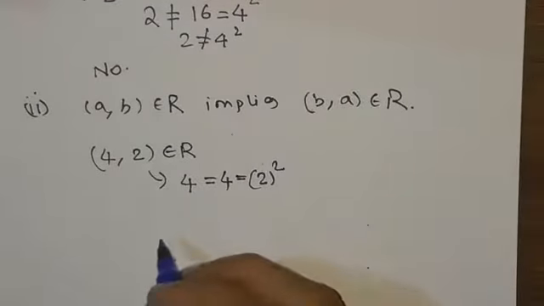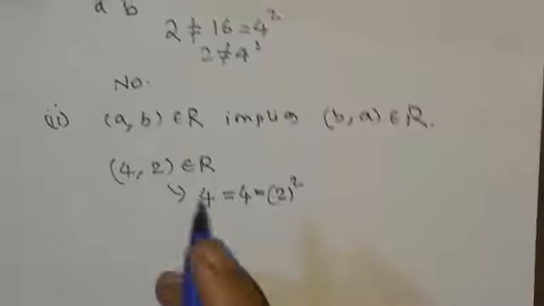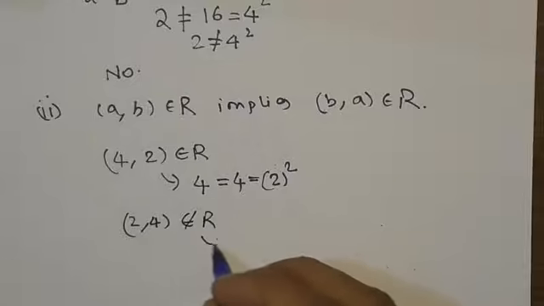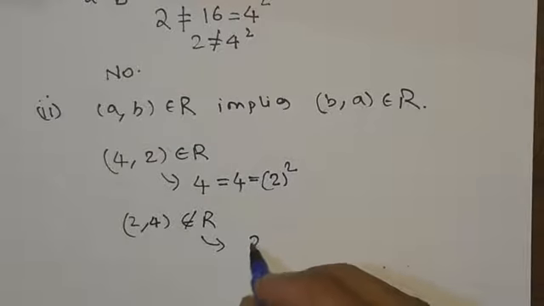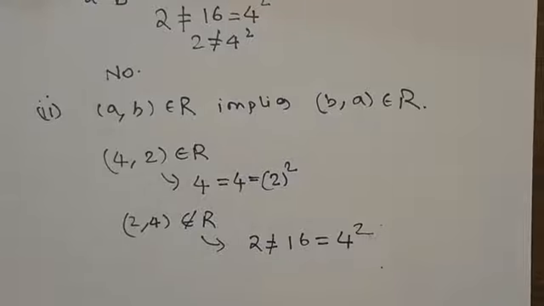Now does 2 comma 4 belong to the R? We have seen it here, it doesn't belong. So we have to write the same thing. 2 comma 4 doesn't belong to R. Why? Because 2 is not equal to 16, which is equal to 4 square.